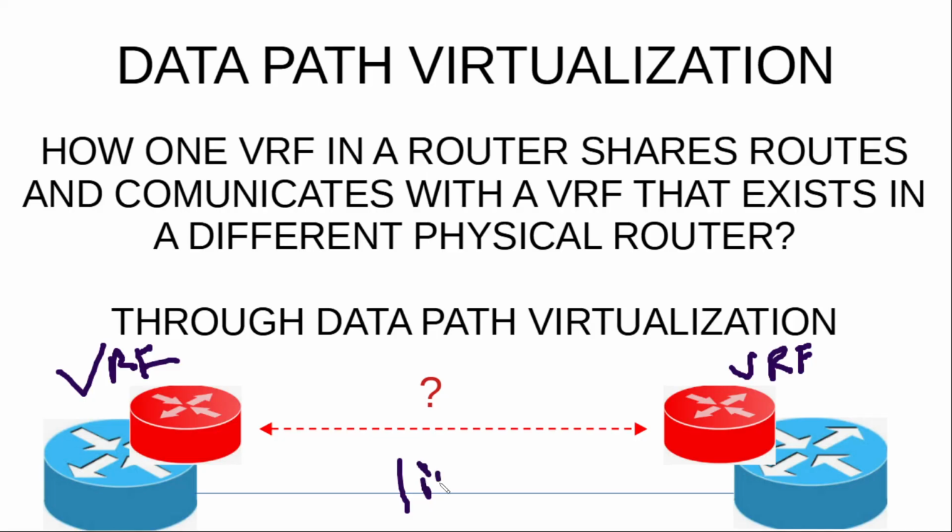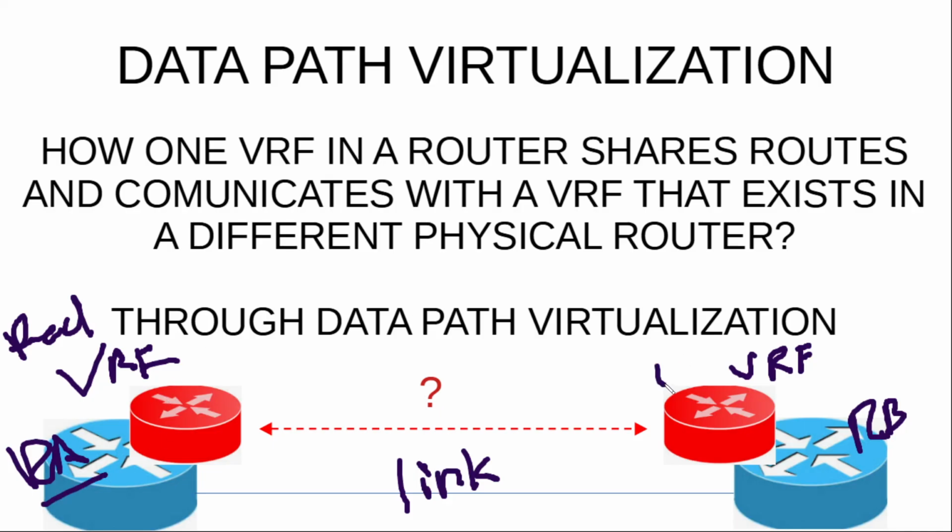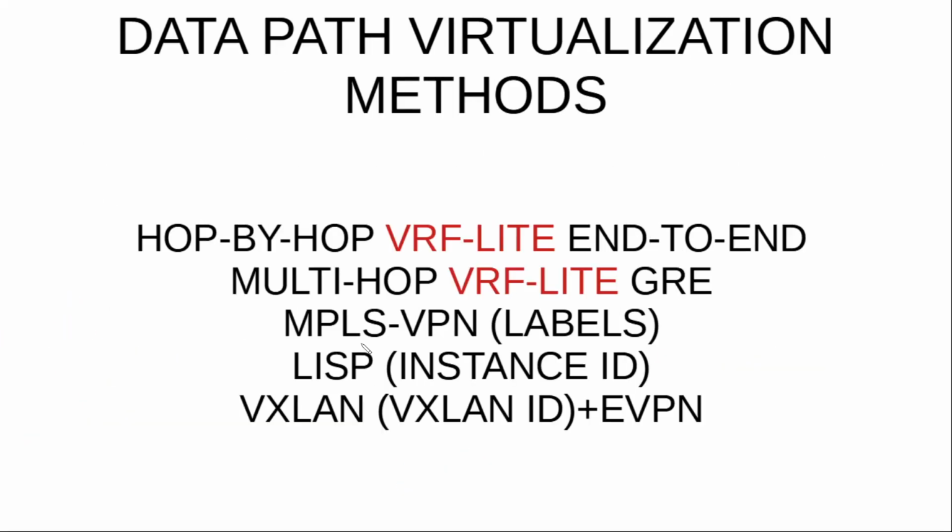For instance, in this case, we have two routers, router A and router B, and at each router you have created this red VRF, and you want this red VRF that lives in router A to communicate with this red VRF that lives in router B. So in order to do that, you have to virtualize your path. You have a physical path, and now you have to virtualize it.